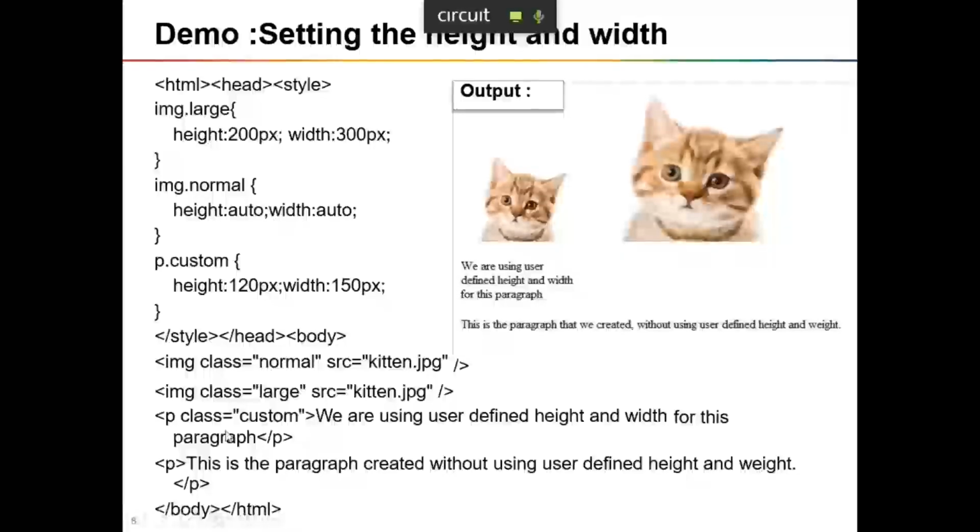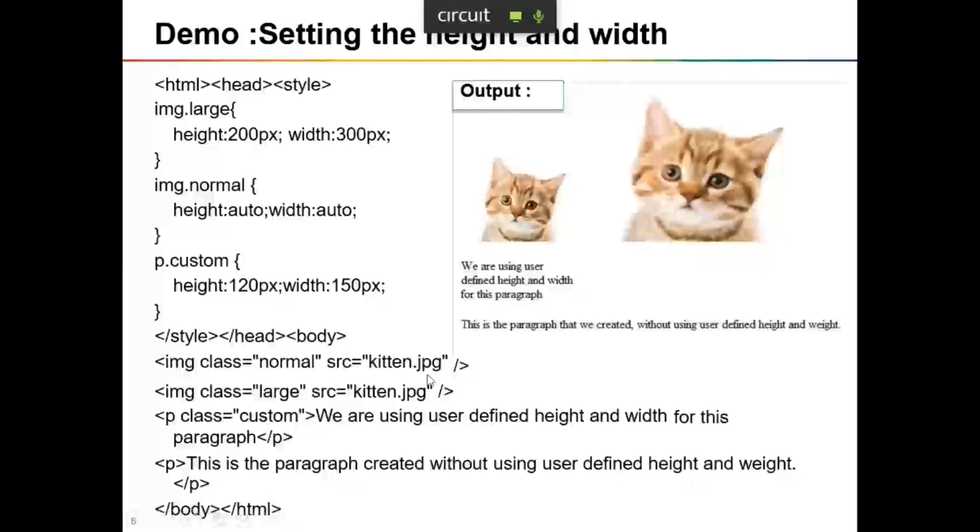Now this is a text, and I have implemented one class called custom. For this image I have implemented one class called normal. It is a user-defined name: normal, large. For the first image, we have used the class normal.